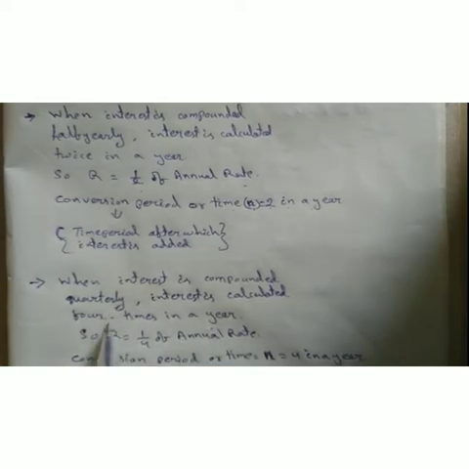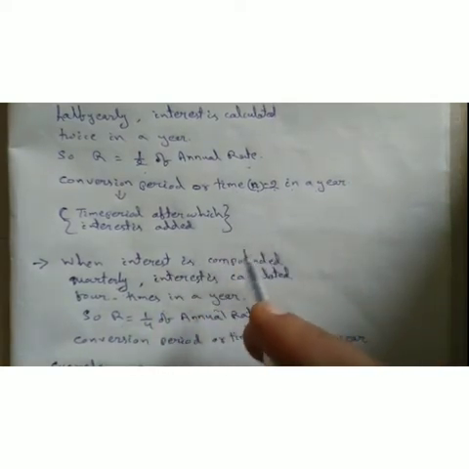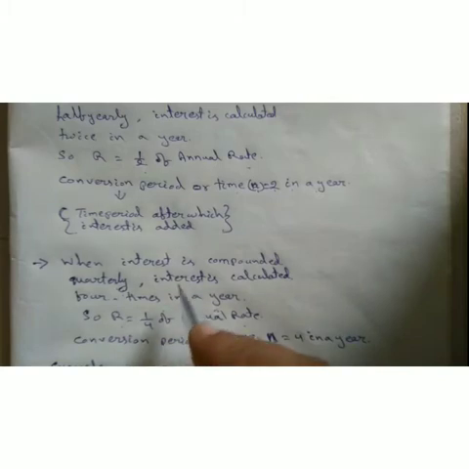When the interest is compounded quarterly, the interest is calculated 4 times in a year. In this case, the rate will be one-fourth of the annual rate, whatever is given, say 10% per annum or 3% per annum.